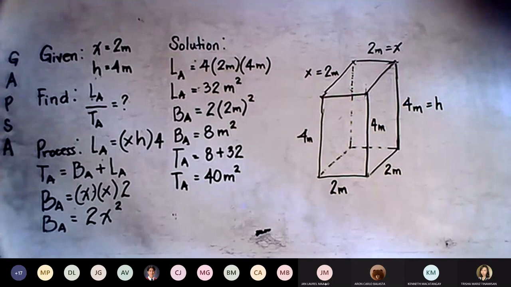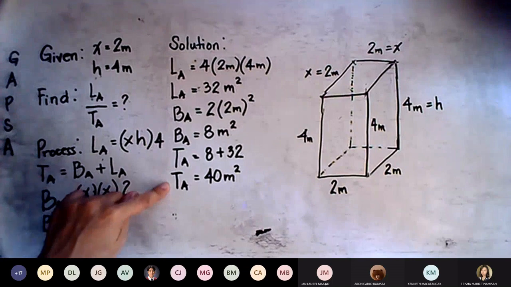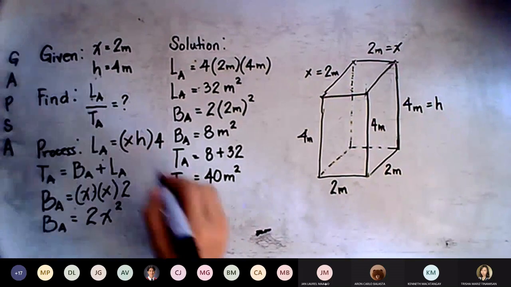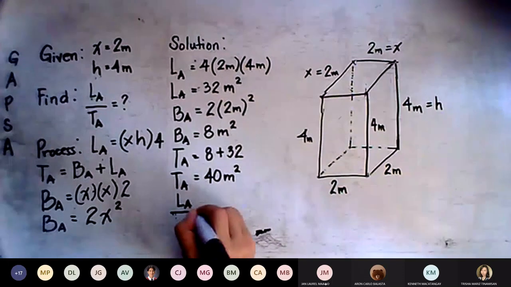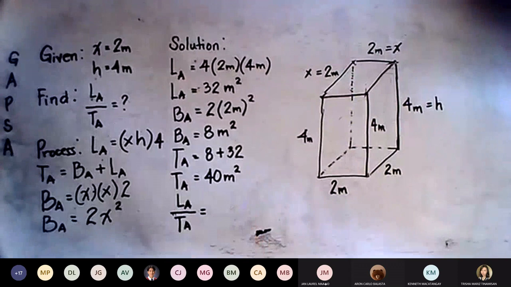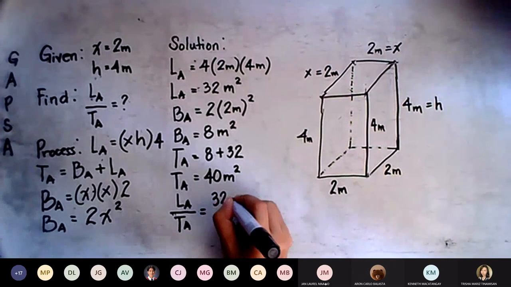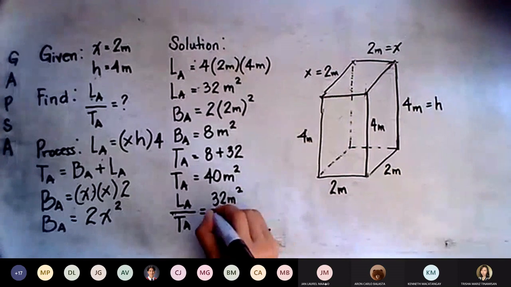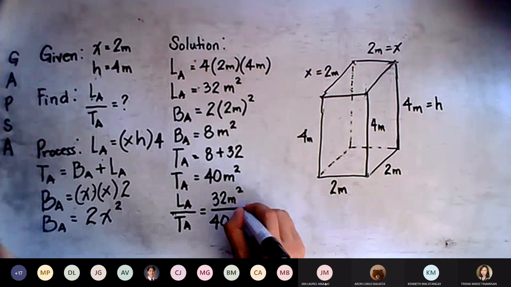Now, because you have the lateral area and the total area, we can proceed to the question: the ratio of the lateral area to the total area, which is 32 square meters over 40 square meters.